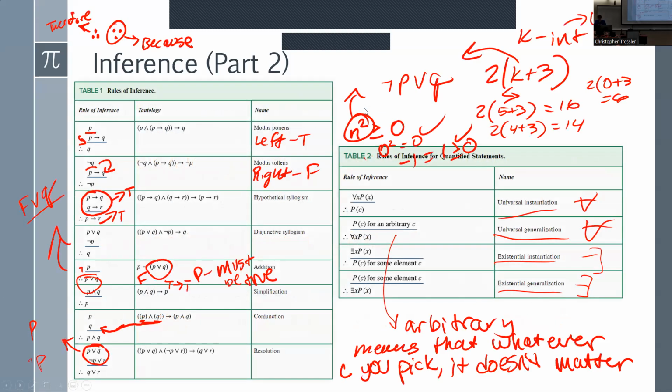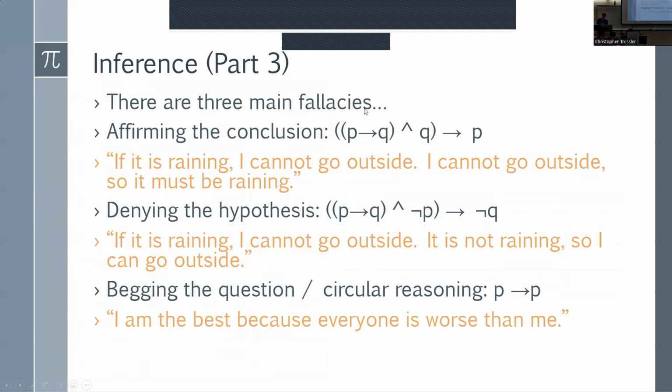So, rules of inference part 3. There are 3 main fallacies, guys. We have affirming the conclusion. Now, remember what this is saying.